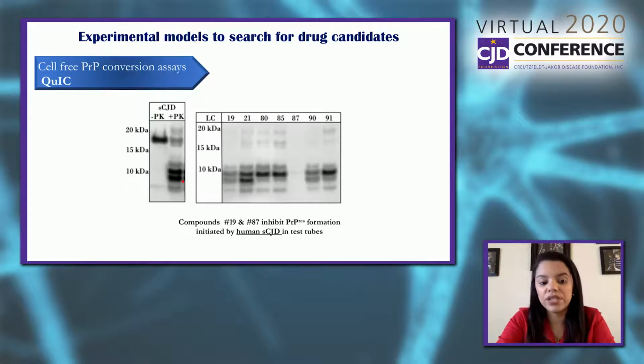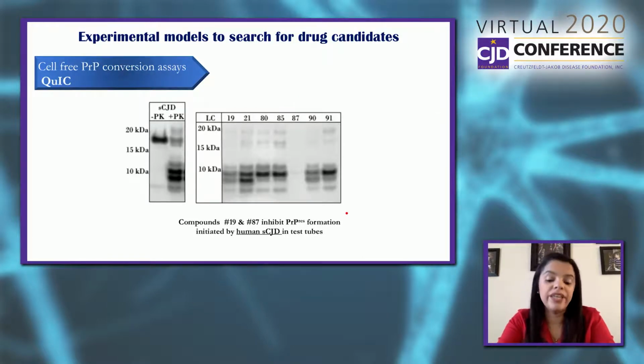I have a really strong signal of PrPres, and here are the same reactions, but in the presence of the different drugs. And here, LC19 and mainly LC87 were able to reduce or inhibit the PrPres formation in vitro.